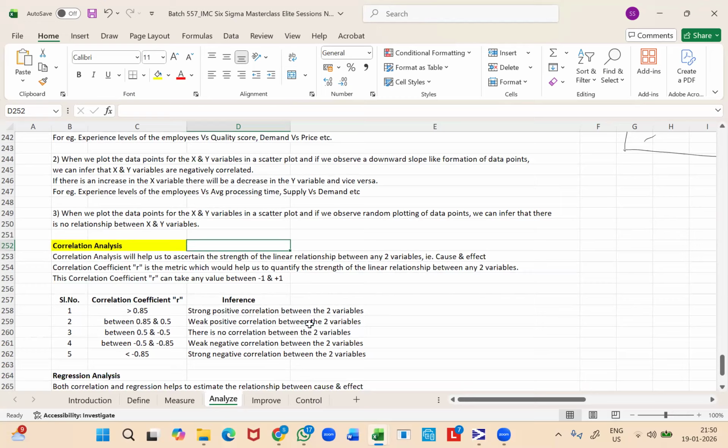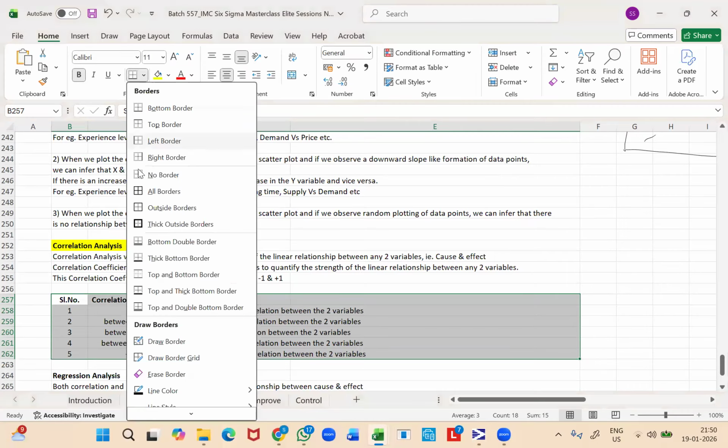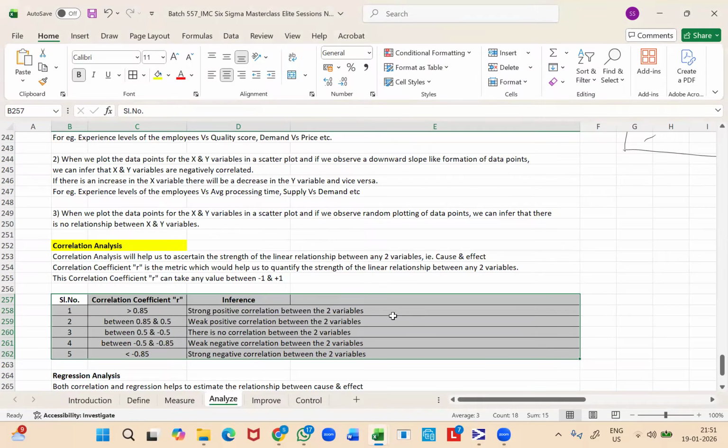So this is how we would infer by looking at the r value or the correlation coefficient value. But if you want to come up with a correct inference by looking at the r value, you can always refer to this particular table, because in the final assessment, you will not be asked to calculate the correlation coefficient value.